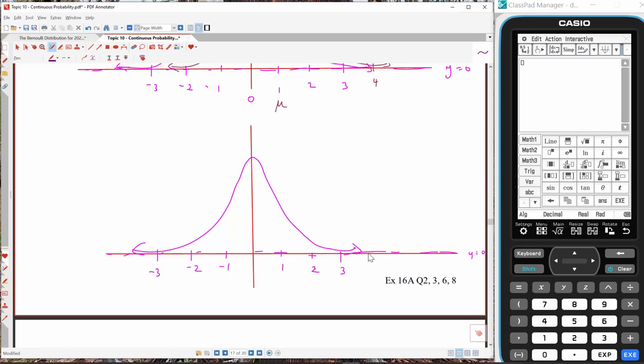Remember, 3 standard deviations to the left. So here is 1 standard deviation because it's 2. So we're going to go from 1 to 3, to 5, to 7. So we're going to have, again, centered around 1, but the standard deviation is 2 this time. That means 3 standard deviations to the right is taking me up to this value here.